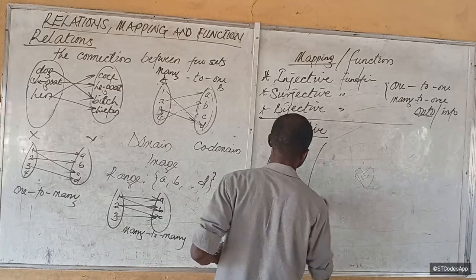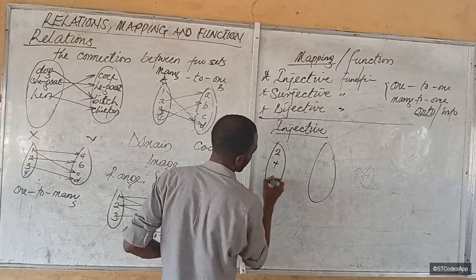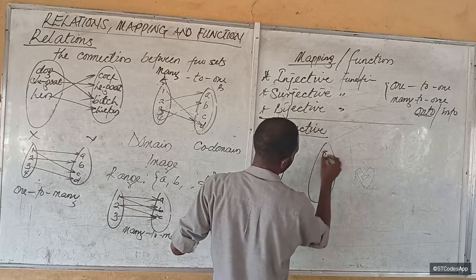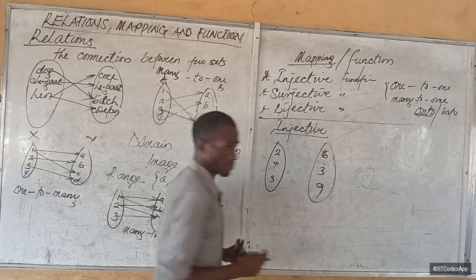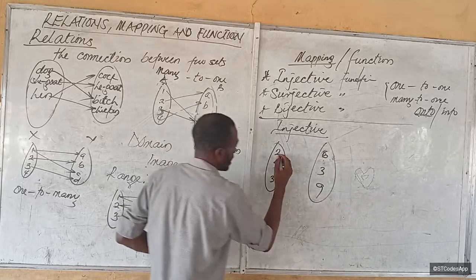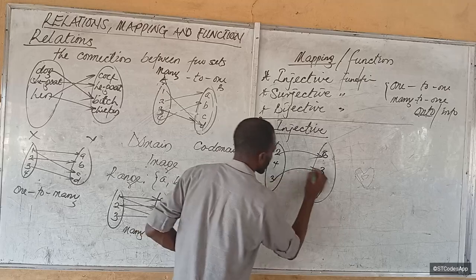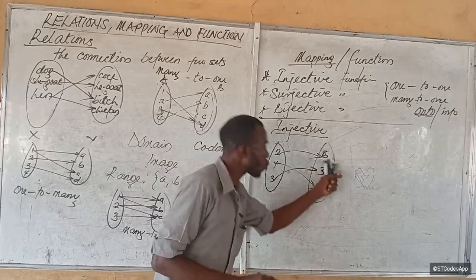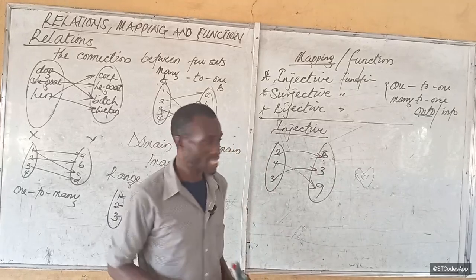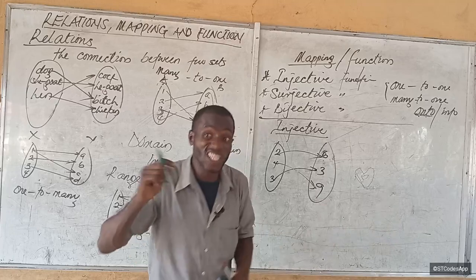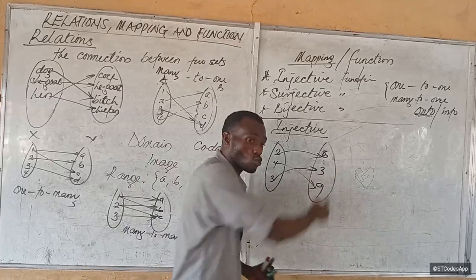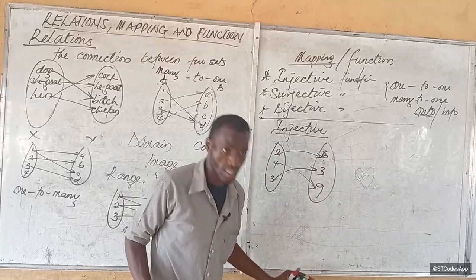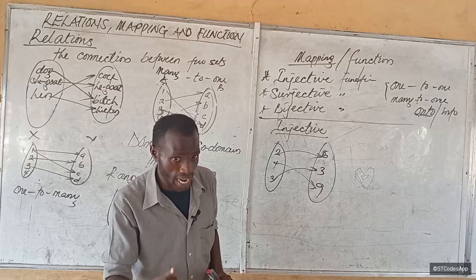For example, if I have 2, 4, 3 here, and I have 4, 6, 3, 9 here, and I link this to this, this to this, and this to this, then this mapping is one-to-one. Did you get that? This mapping is one-to-one, and every element is completely mapped to, isn't it? And it is one-to-one, right?